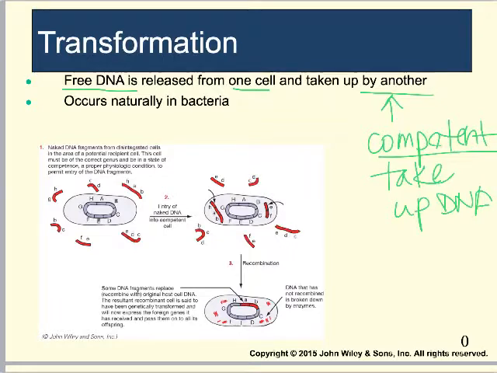Essentially the naked DNA from the smooth ones being killed was floating around in the solution with the rough ones. The rough cells were competent, and the DNA went into them, became integrated and became part of the chromosome. So this organism here was actually transformed.